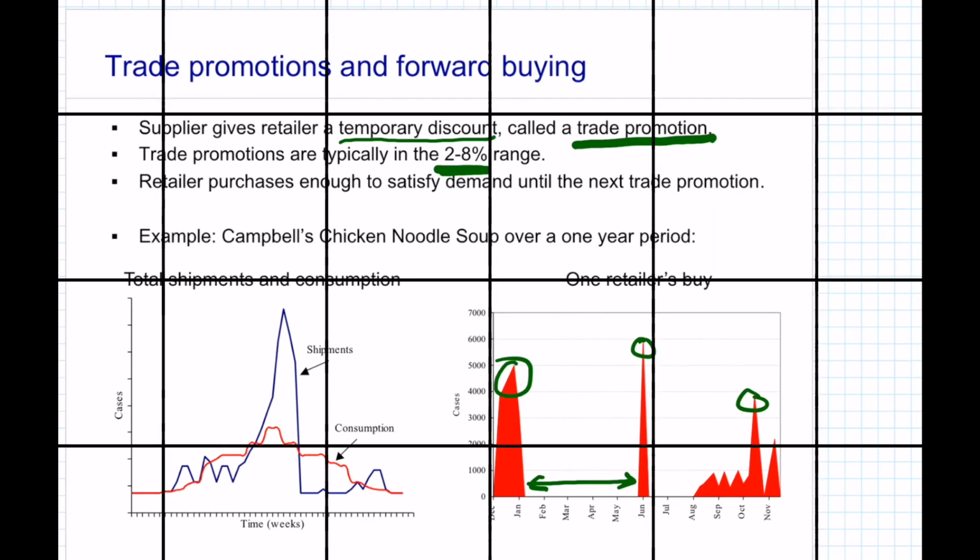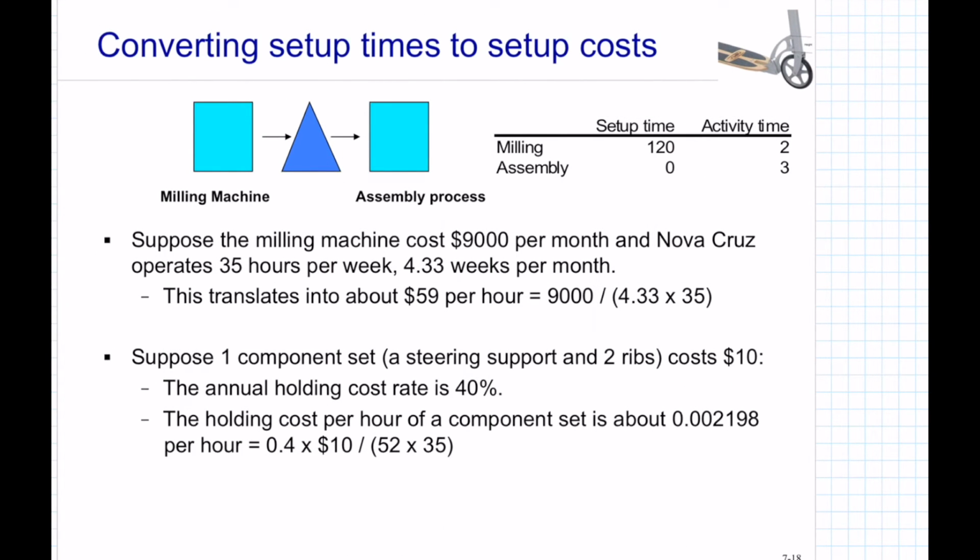when the purchase was made. Sometimes there is a tendency to rely too much on setup costs rather than setup times. So one example is given here where we have a milling machine cost of about $9,000 per month. So this translates to about $59 per hour.